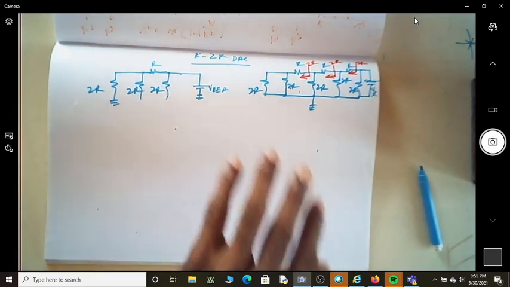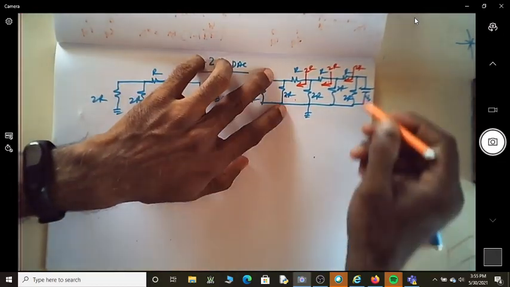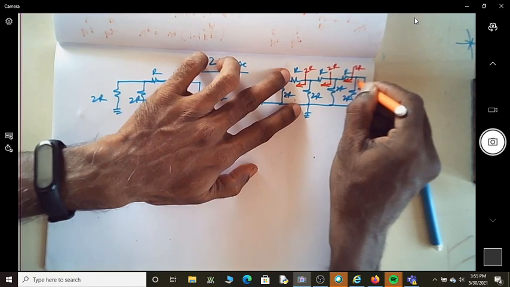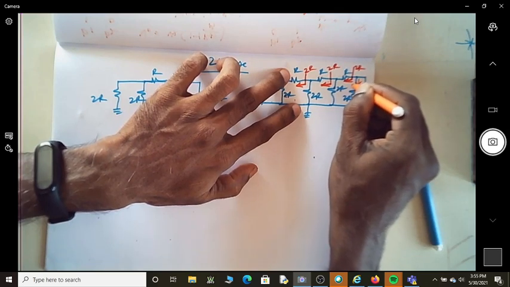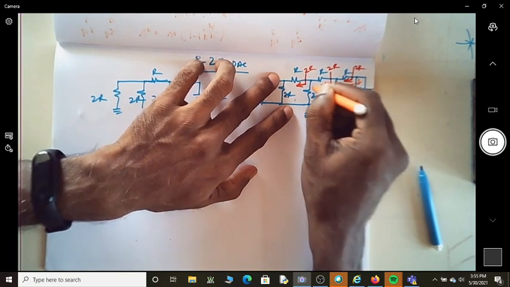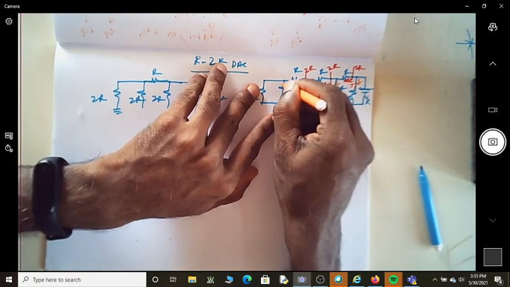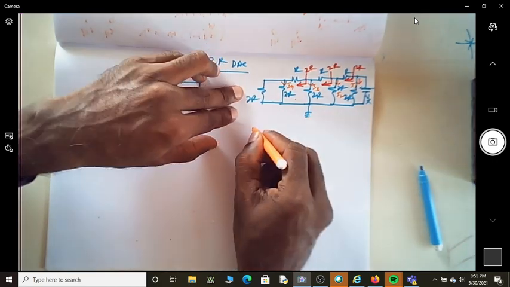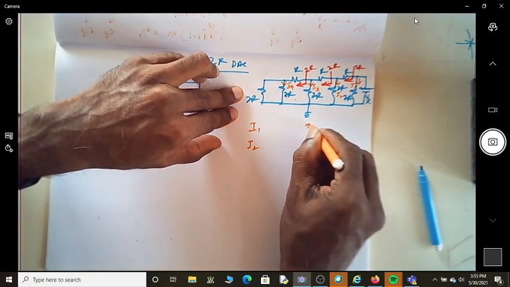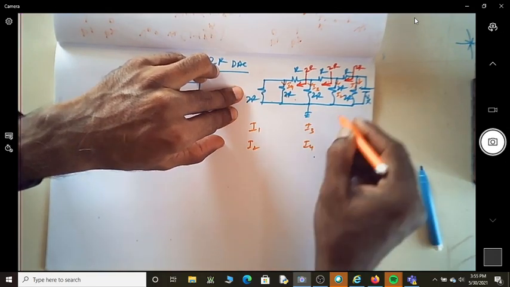So the point now what we are looking at is, if this is Vx, how much is the current that may flow here? Let me say this as some I1, let me say this as I2, let me say this as I3, let me say this as I4. I am interested in knowing what is I1, I2, I3 and I4.